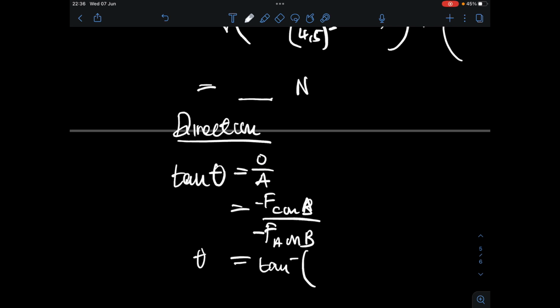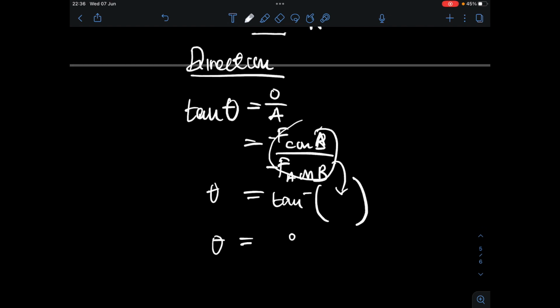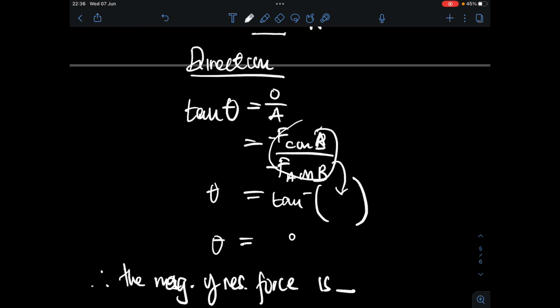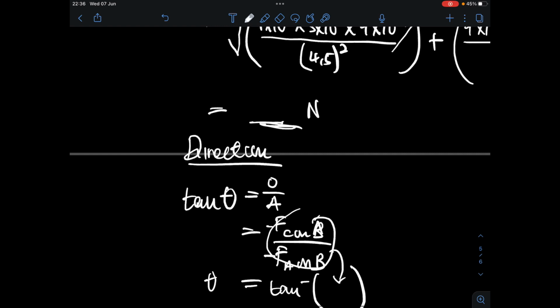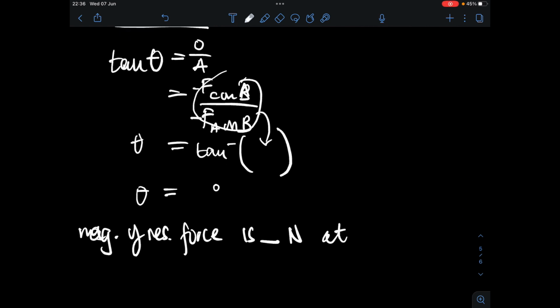I'm just lazy too. You substitute this here, and you get the angle in degrees, not Celsius. And then you say, therefore, the magnitude of the resultant force is the newtons you calculated here, at the direction of whatever degrees, and then you're done.